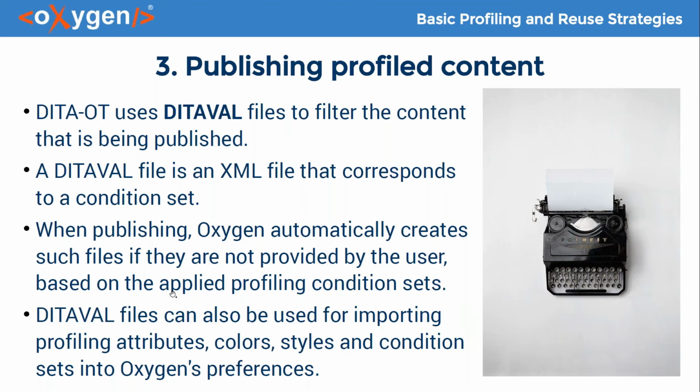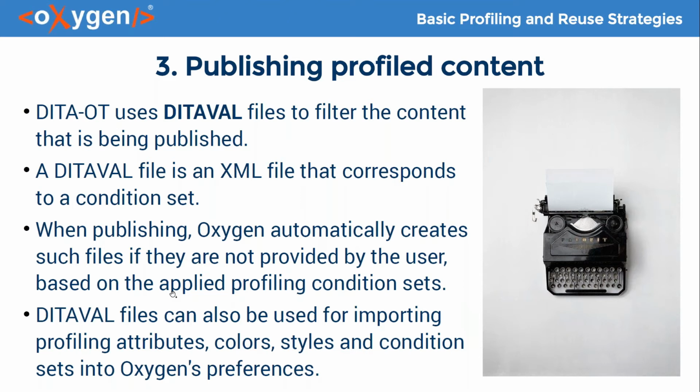DITAVAL files are basically XML files with a certain structure, and a DITAVAL file corresponds to a condition set. When publishing, if we don't provide such a DITAVAL file to Oxygen to serve it to the DITA OT, Oxygen will automatically create a DITAVAL file from a provided condition set.